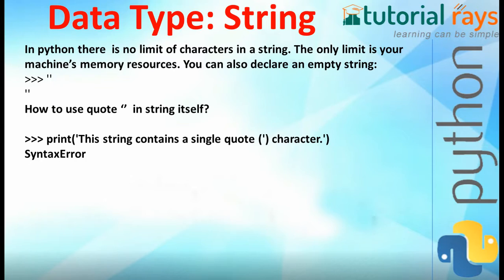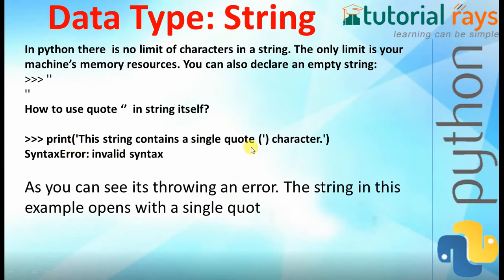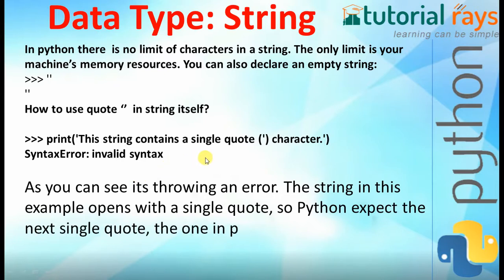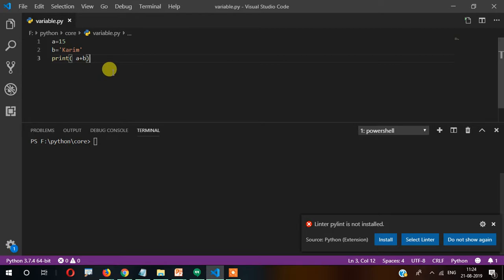But the next thing is how to use a quote character in a string itself. For example, if you write something like print, this string contains a single quote, you get syntax error, invalid syntax. Let me show you. First, let's exit from this and directly we will write this into the editor here only.